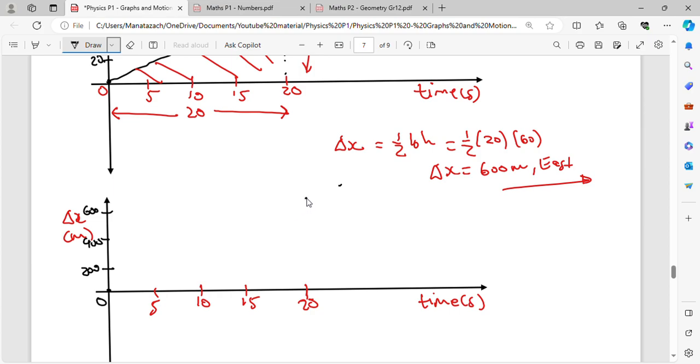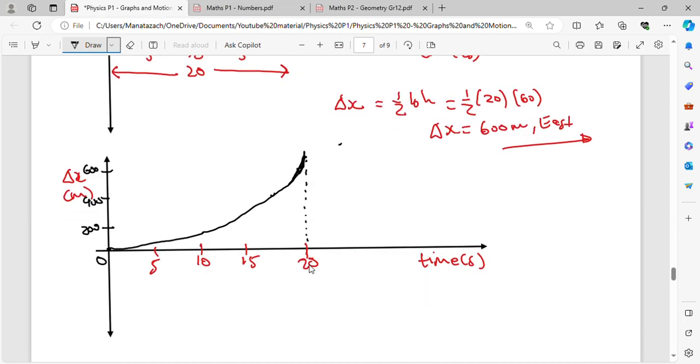By the time it is at 20 seconds, the object would have reached 600 meters. So the corresponding position time graph will look something like an arm or half an arm of a parabola, or a hockey stick, right? So it's something like a hockey stick coming like this. It's not really a straight line, so just imagine the hockey stick. That's how your position time graph will look.